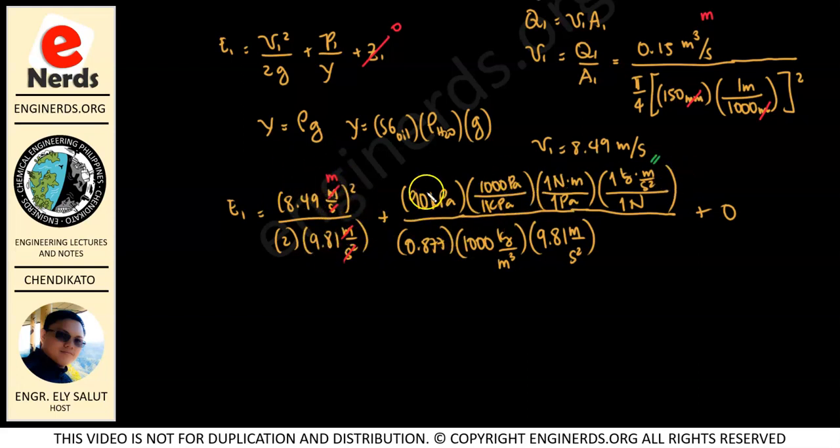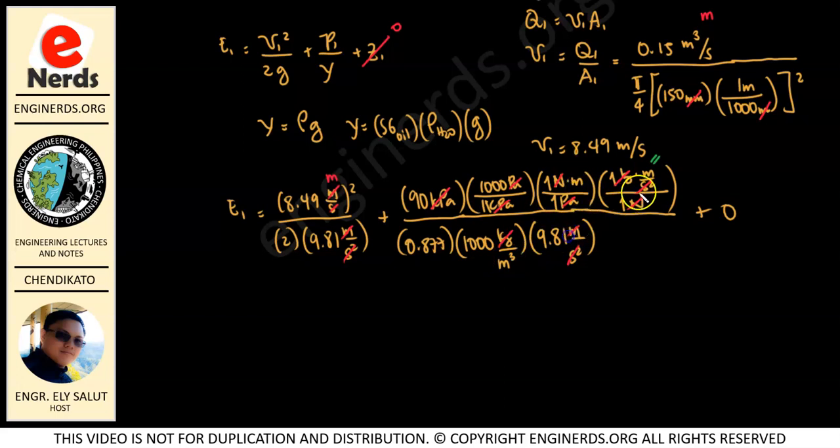How about dito sa ating potential energy dito? No? So, kilopascal will be cancelled out. Pascal will be cancelled out. Newton will be cancelled out. Okay? So, we have kilogram here which can be cancelled out as well. We have second squared which will be cancelled out. And then we have meter and meter here which will be square meter divided by cubic meter.